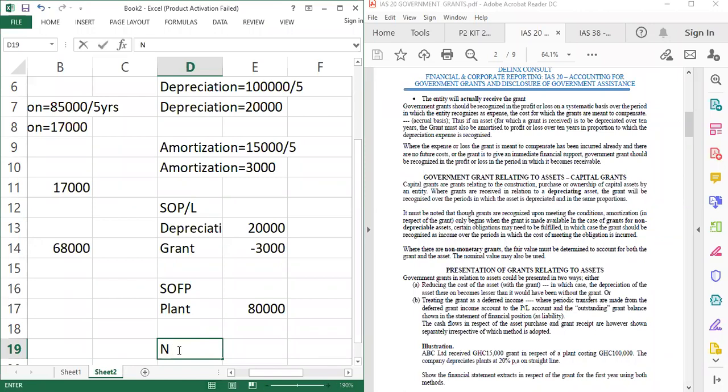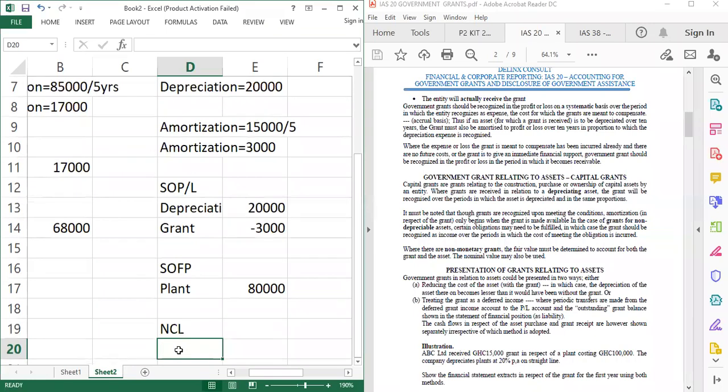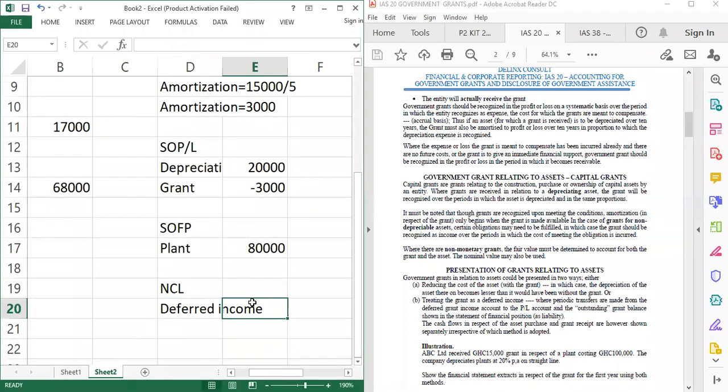Under non-current liability, we are going to show deferred income. How much will be the remaining grants? 12,000, because it's 15,000. We have already realized 3,000 out of it. So it will be left with 12,000. This is how we account for the grants relating to capital assets under both methods.